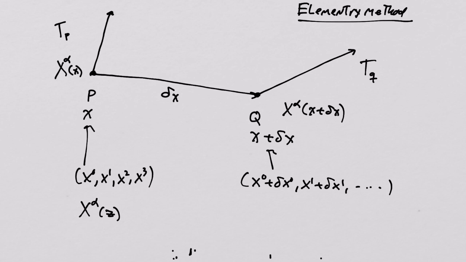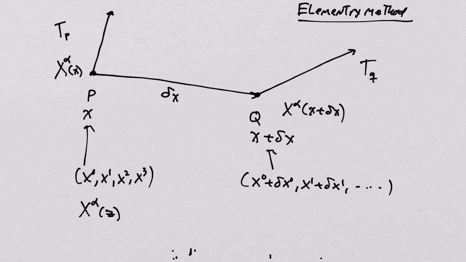So we want to consider moving this vector, leaving that vector space and bringing it into this vector space. And we want to do this in a way that is parallel, right? We want the resulting vector here to be parallel to the vector there. And what does parallel mean?